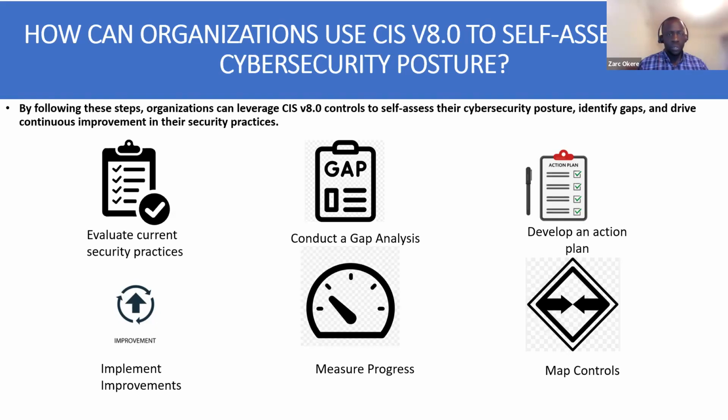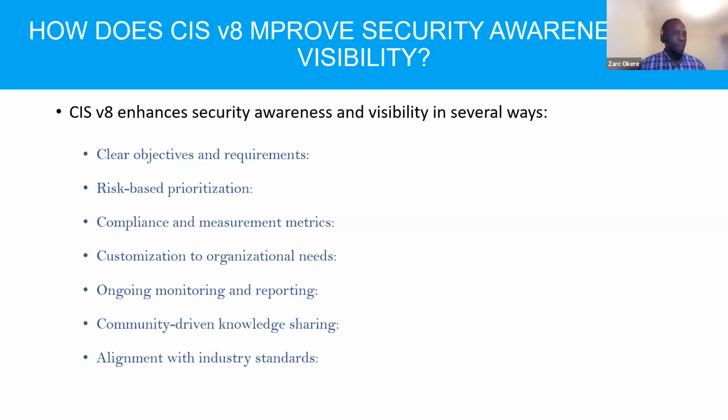So how does CIS version 8 improve security awareness and visibility in your organization? Clear objectives and requirements. Yeah. The version 8 controls provide clear objectives and requirements for each control by outlining the specific actions and measures organizations need to take for implementation.